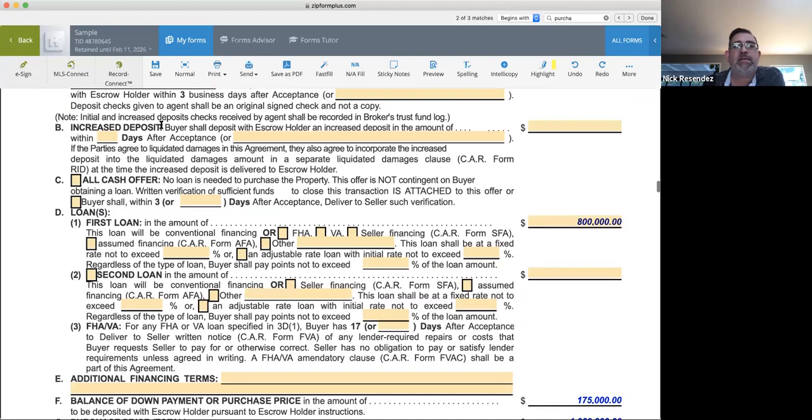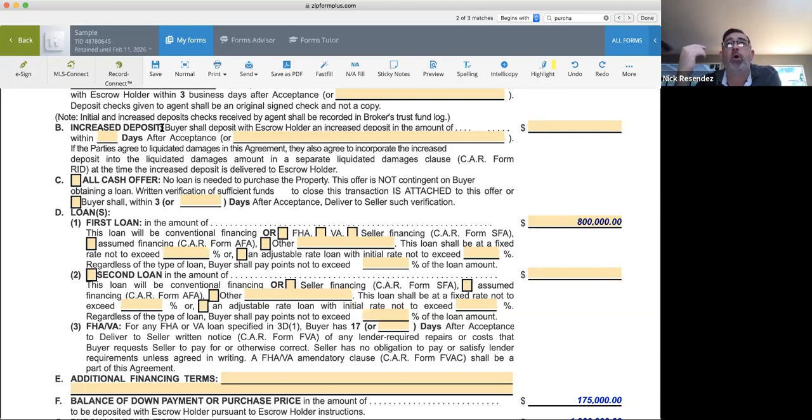B is increased deposit. I would say you're probably never going to really use this, but what it is here is the ability to increase a deposit within a certain amount of time for whatever reason. I did have a recent example of where this actually could be used.